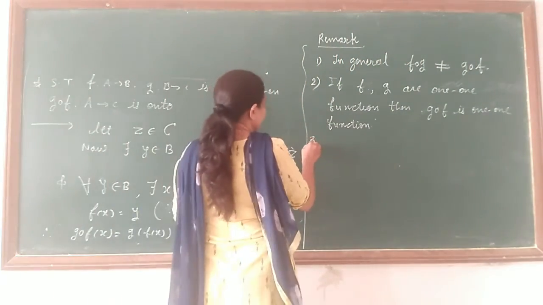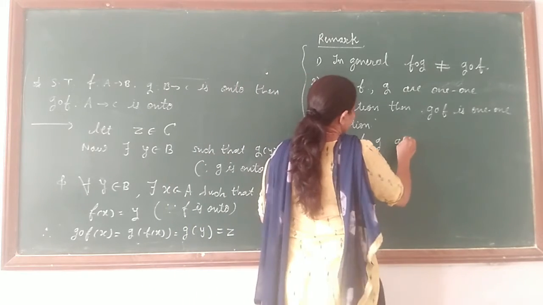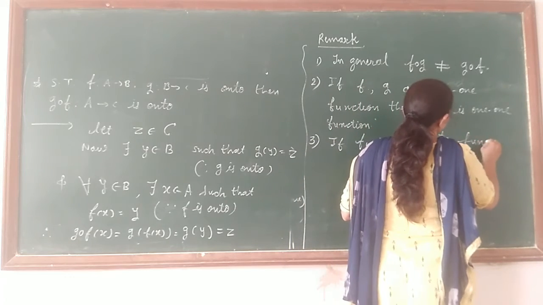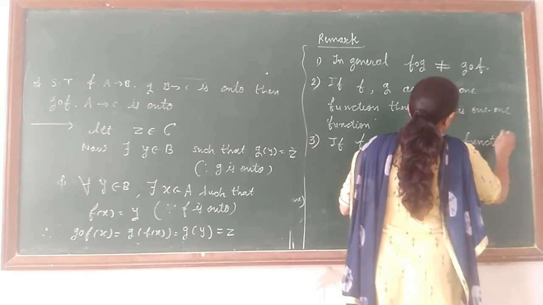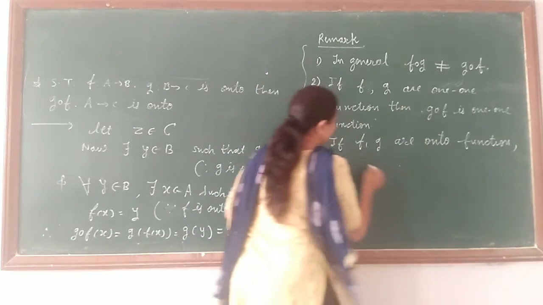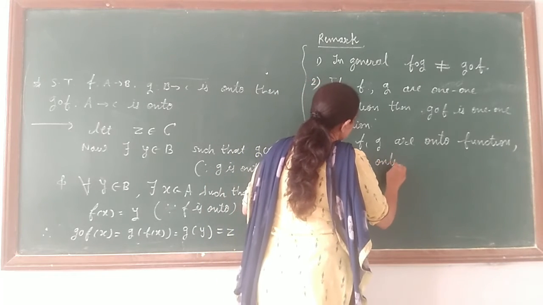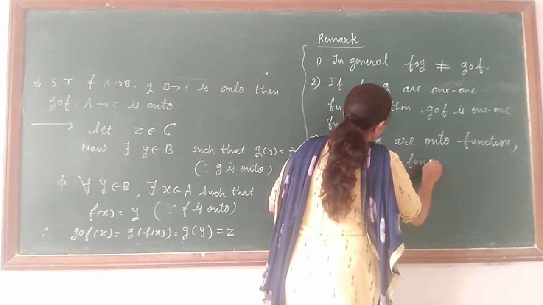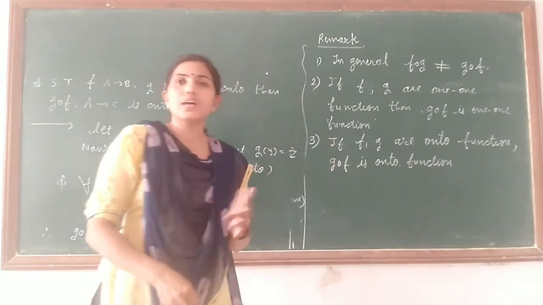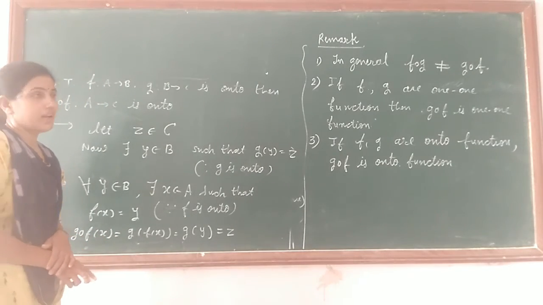So that is our third remark, that if f and g are onto functions, then the composition g of f is an onto function. So this is our third remark.